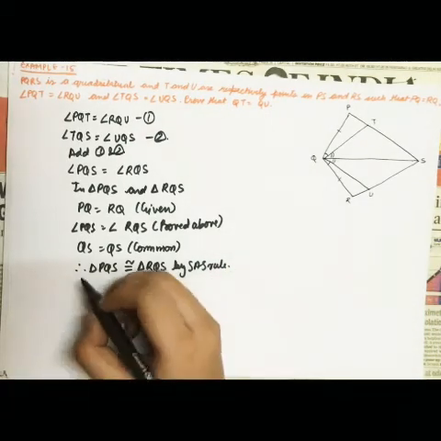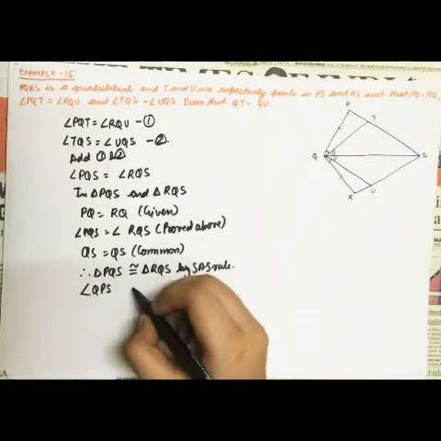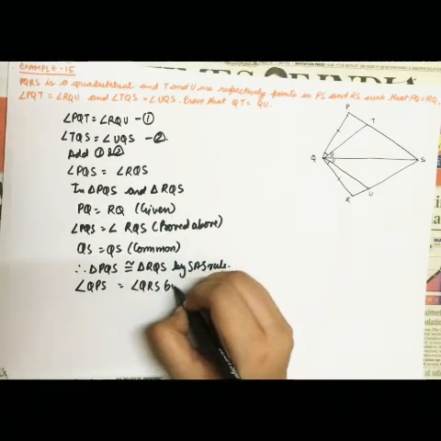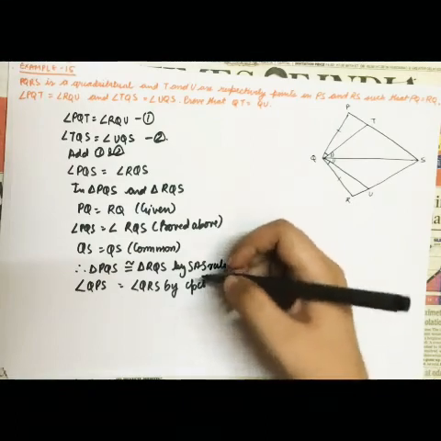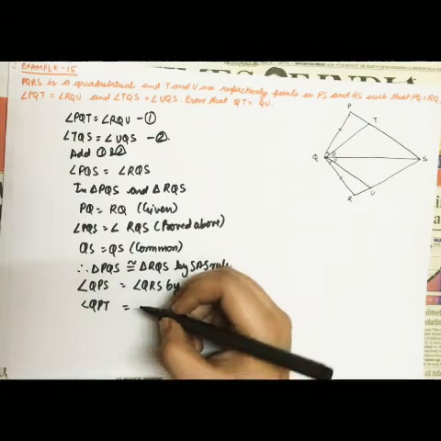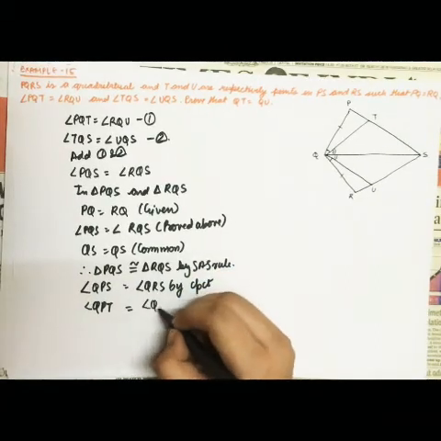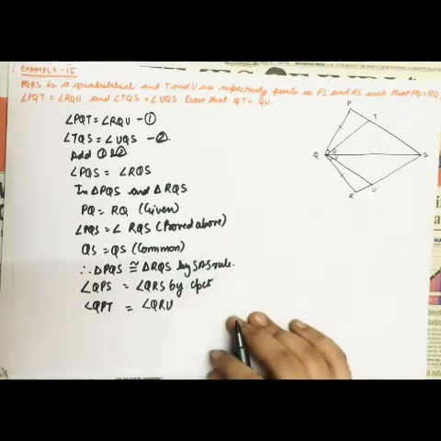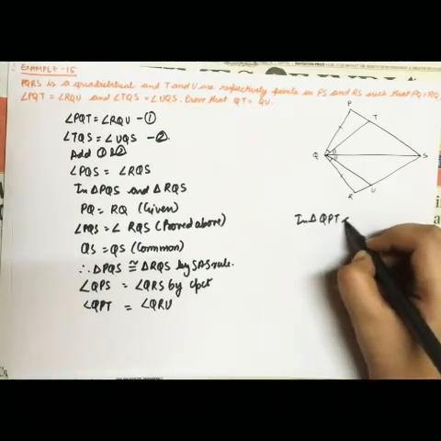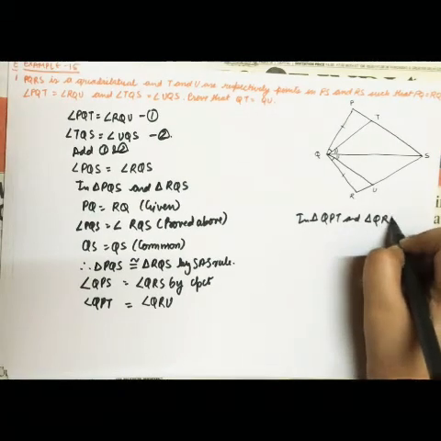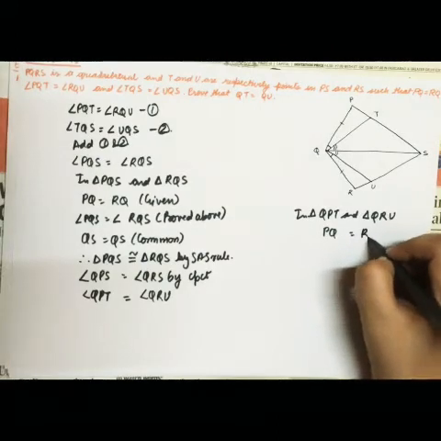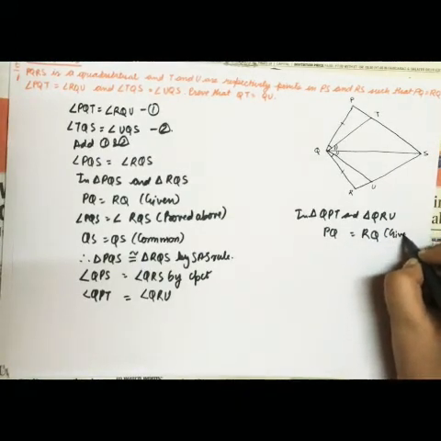Now we can say that angle QPS is equal to angle QRS by CPCT, and angle QPS is the same as angle QPT. Similarly, angle QRS can be written as angle QRU. So now in triangle QPT and triangle QRU, we can say that PQ is equal to RQ, it is given.